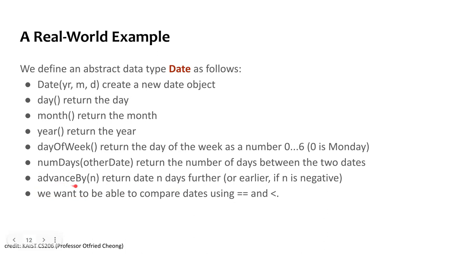And the advancedBy method returns a date object that is n days further, earlier if n is negative, okay? And the last thing we want to do is comparing dates using the equal sign and comparison symbols.